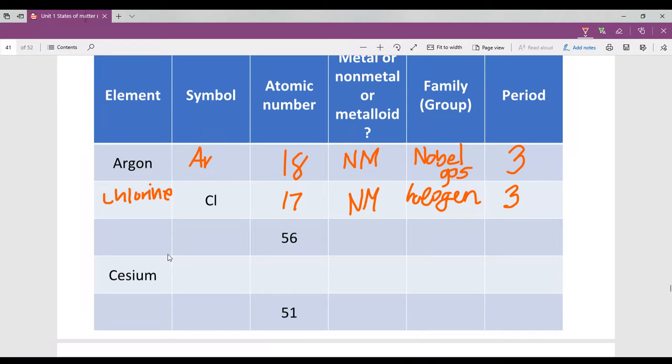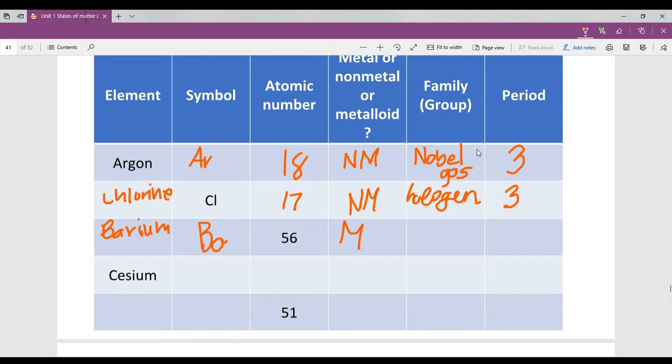Okay, well, let's see, what is 56? 56 is barium. So the symbol is Ba. Okay, barium. I'm getting good at this. Okay, and then it is a metal. M stands for metal.